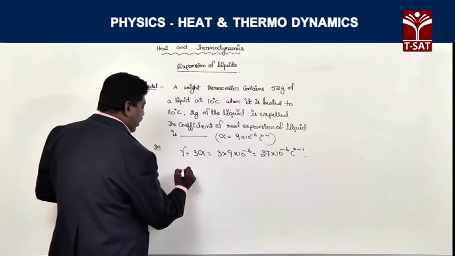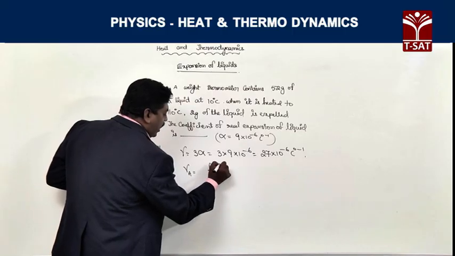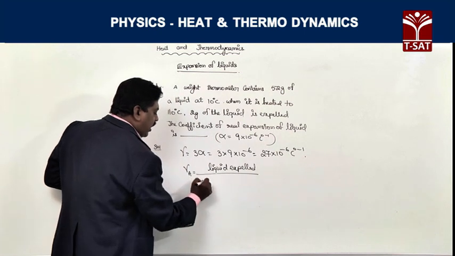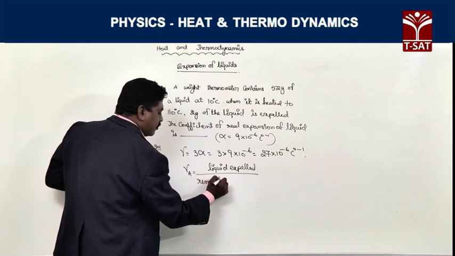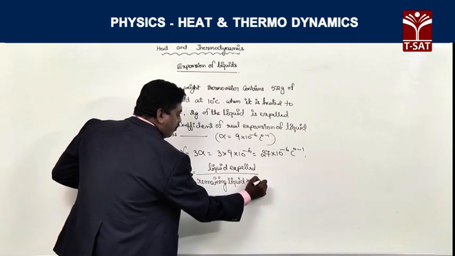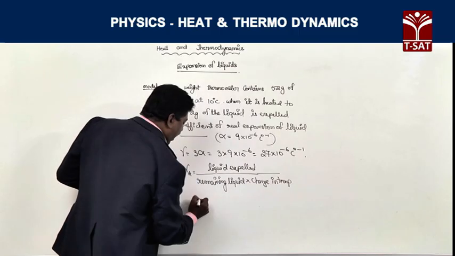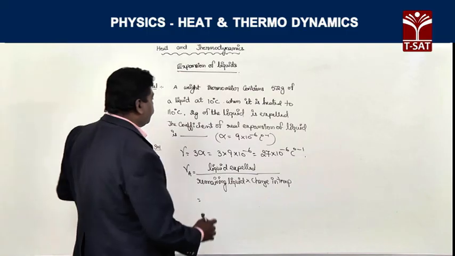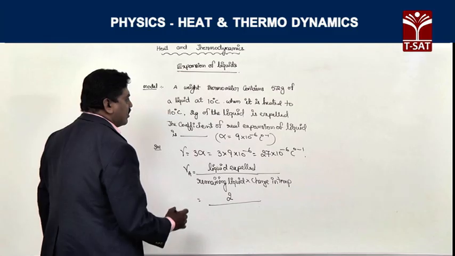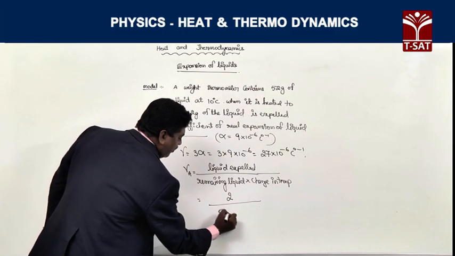The next thing is regarding gamma_A. Gamma_A equals liquid expelled by remaining liquid into change in temperature. In the problem we are given liquid expelled as 2 grams, and the remaining liquid is, from the total 52, we subtract 2, so we get 50.